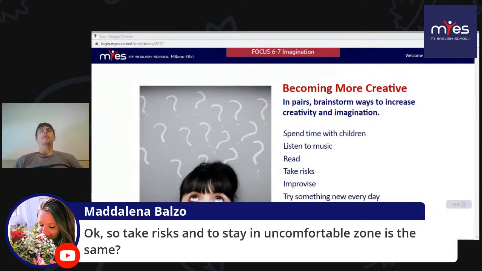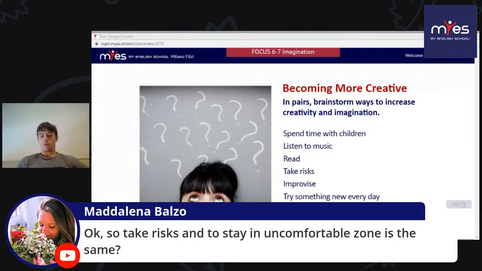To stay in an uncomfortable zone is one example of taking risks. But to take risks is, in general, when you take a chance on something.